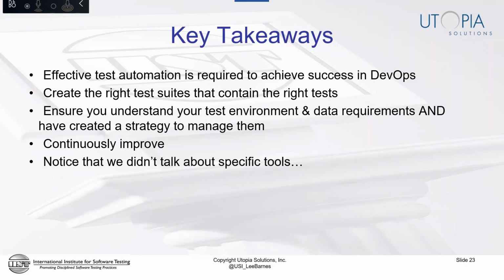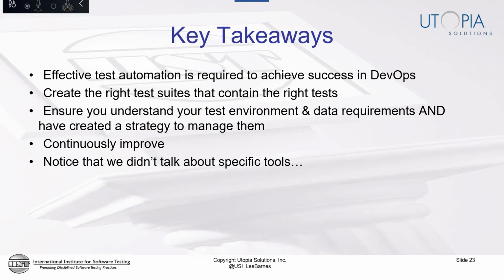And lastly, and maybe to everyone's surprise, we didn't talk about specific tools. And that's because tools are really the enablers of our test automation approach. Very often, one of the issues that I see is test automation is a tool or framework first discussion. And you're worried about choosing a tool or what framework or approach you're going to use, and all those other things that we just talked about are secondary.